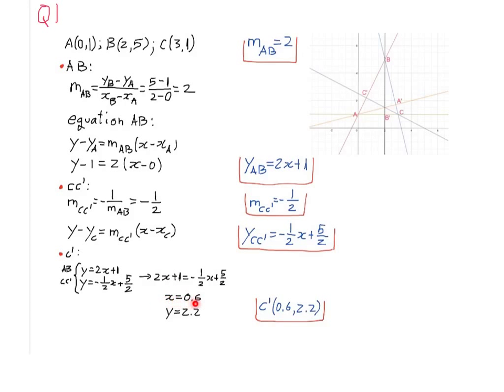Now we take x equals 0.6 and plug it in here, and what we'll get is y is equal to 2 times 0.6 plus 1, so for x equal to 0.6, y will be equal to 2.2. Therefore the coordinates of C prime are 0.6 and 2.2.